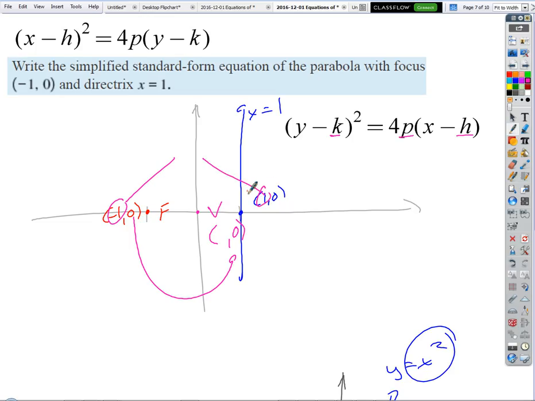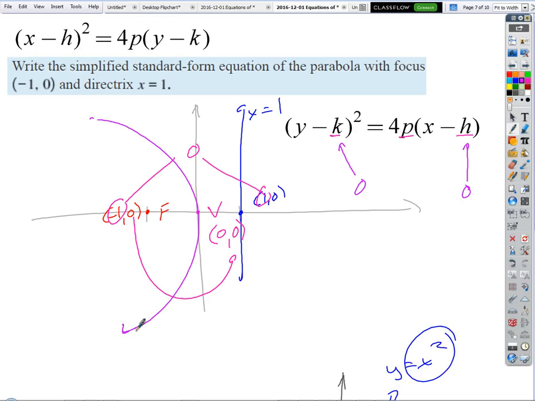Well, what's that? 0. So the vertex is at the point 0, 0. That's telling us the values of h and k. So all we got to do is plug in 0 for k and 0 for h. If we were to draw our parabola, it would just look like that.